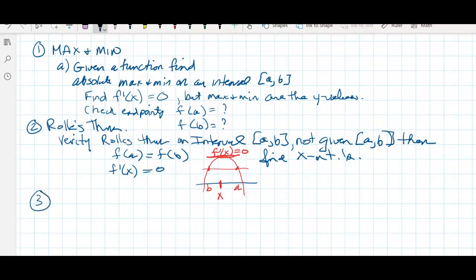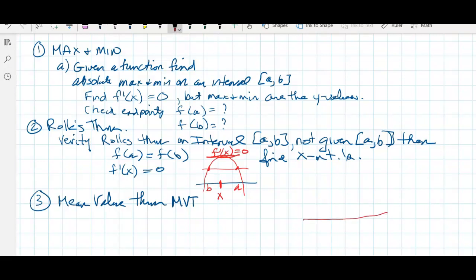Third one. What do we do after Rolle's theorem, everybody? MVT. The mean. Okay. We did the mean value theorem. Mean value theorem was a little bit different. Remember, we said it was kind of like, I'll draw the picture.